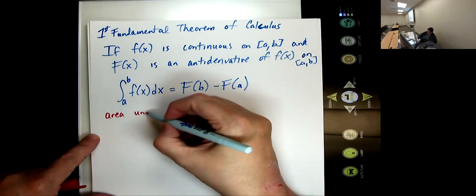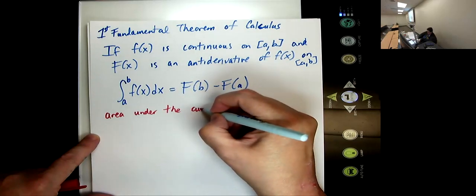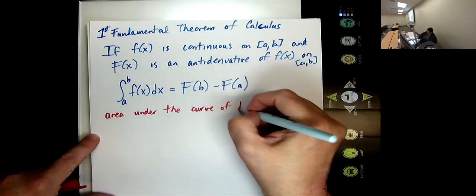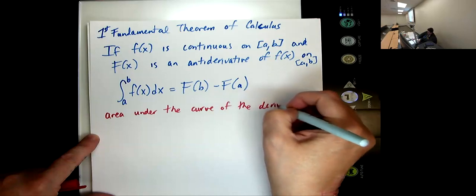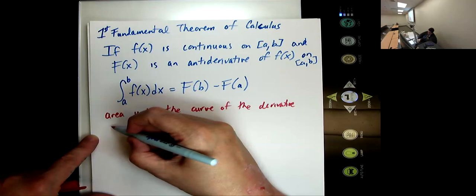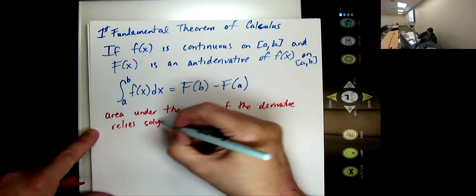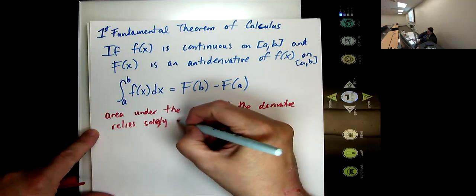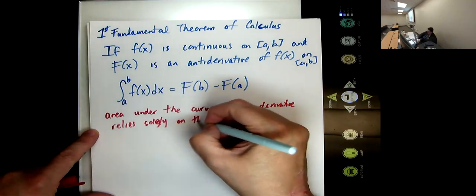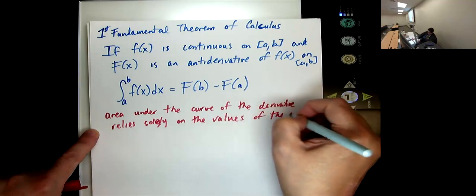So area under the curve of the derivative relies solely on the values at the endpoints of the original function.